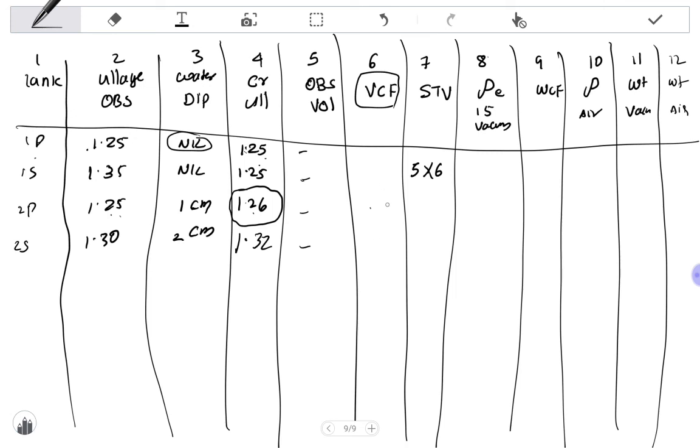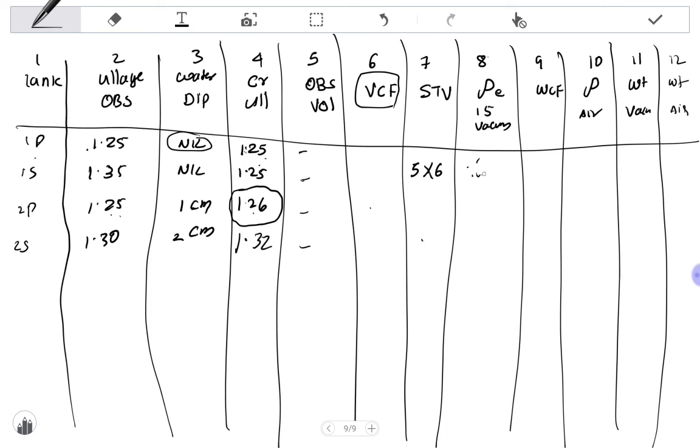If it is a single grade, then VCF will be a single number. So standard volume of each tank you will get. Okay, now the density of each cargo in each tank. If it is same cargo in all tanks, only one figure, otherwise different density. This density will be given by shipper or surveyor.